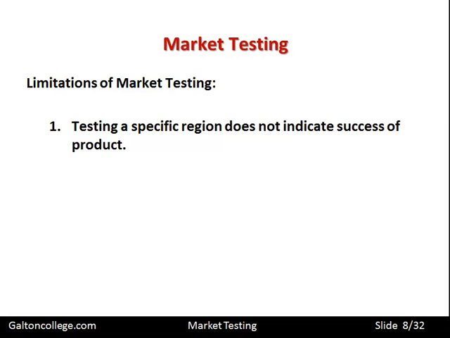So it's important to get feedback which is reliable perhaps across the whole country, across the whole region, not just selecting one particular part which proves to have very idiosyncratic, very unique features and will distort the understanding of the success or failure probabilities associated with the product.